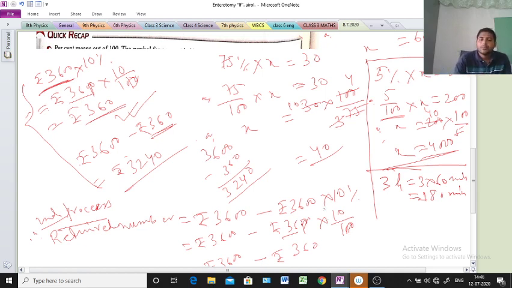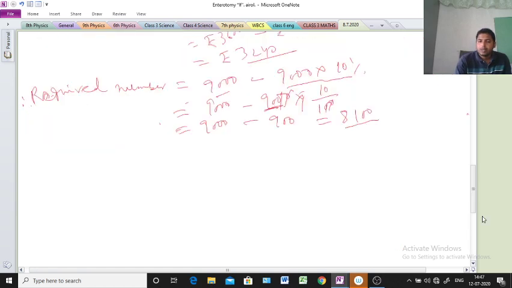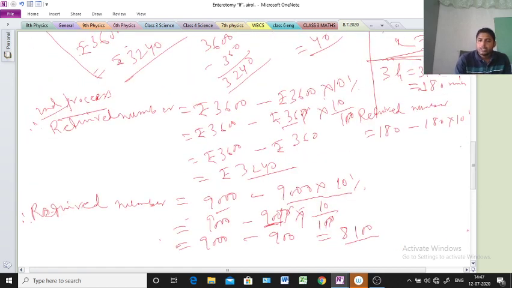Now we find out the required number. Required number equals 180 minutes minus 180 into 10%. Clear? 180 minus 180 into 10%.